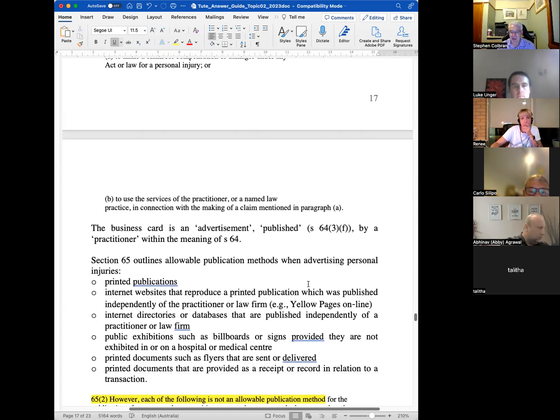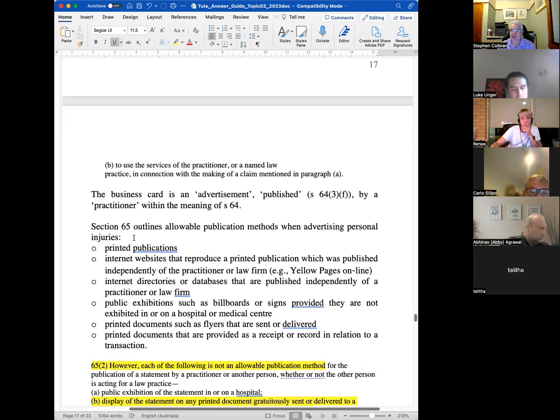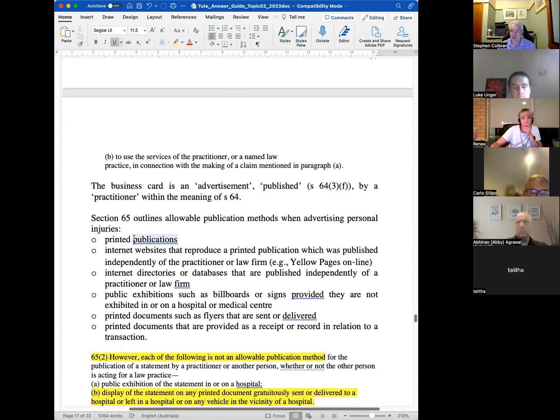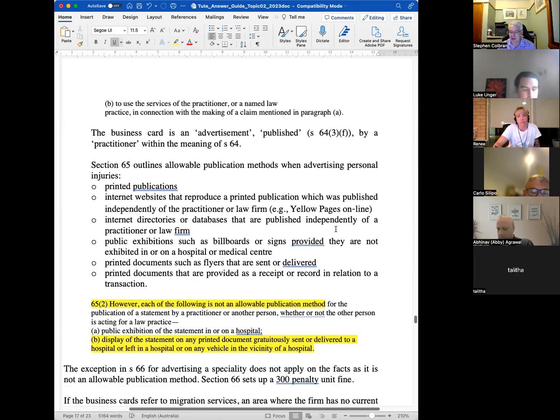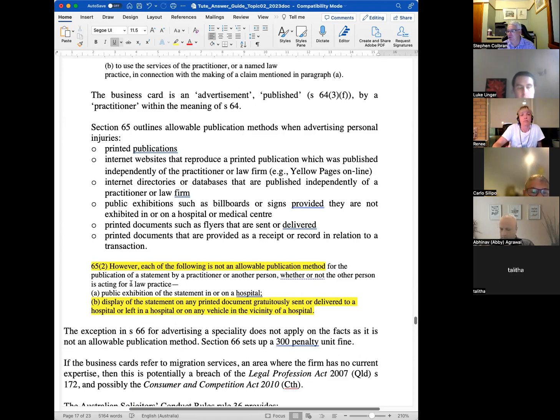Then section 65 talks about allowable publication methods. If we look at 65.2, which was the section that was mentioned earlier, section 65 allows certain things.